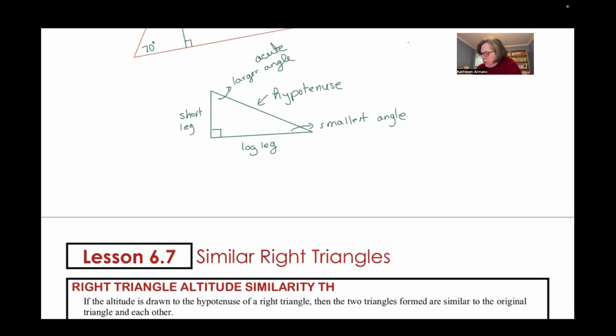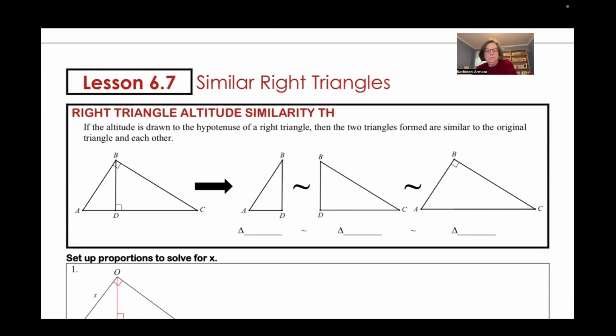Okay, so looking at this diagram again, I'm going to pick different numbers this time just to show you that it really doesn't matter. If I had picked that this was 30 degrees and that was 60 degrees, this angle would have to be 30 because in this triangle, all angles have to add up to 180. And then since this is a right angle, if this is 30, this would have to be 60.